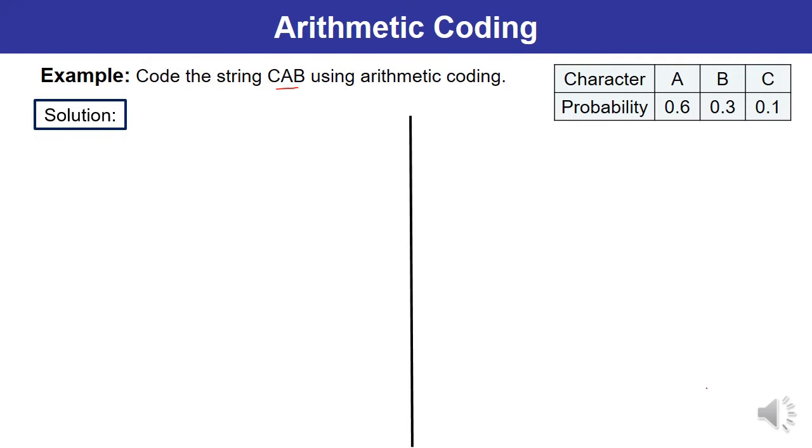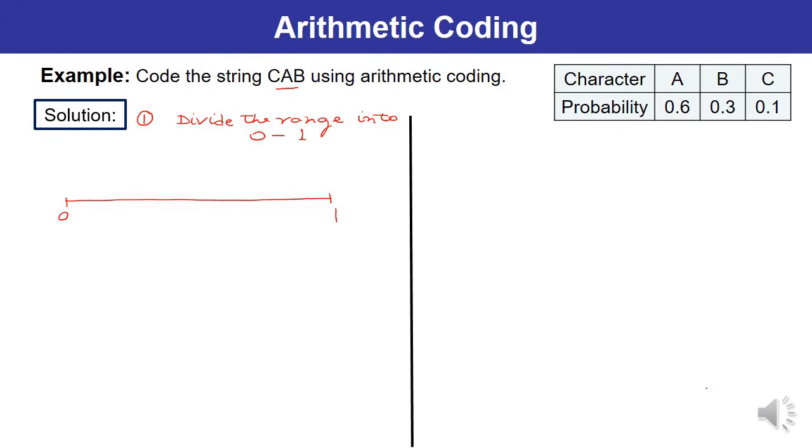See, what is the first step? In the very first step, you have to divide the range which is in between 0 to 1 based on the probability. So let us plot a scale in between 0 to 1.